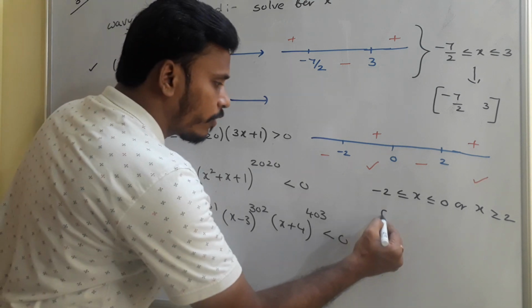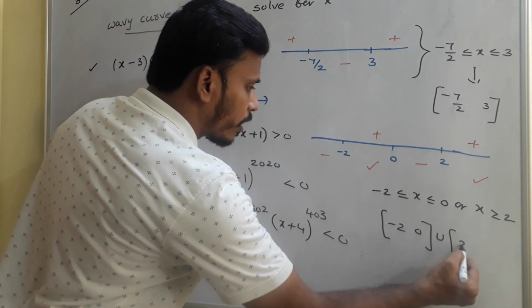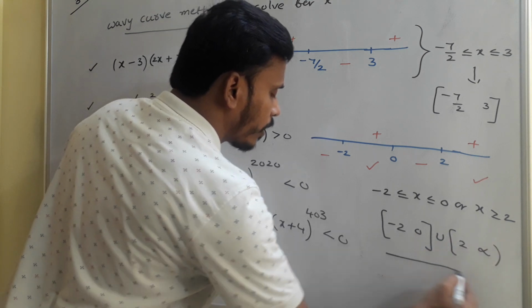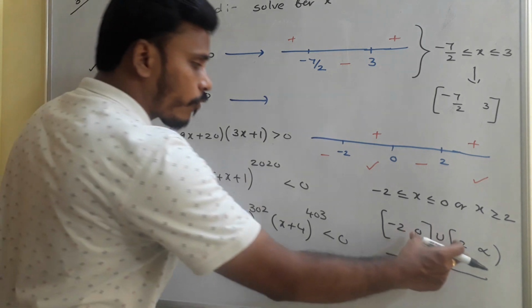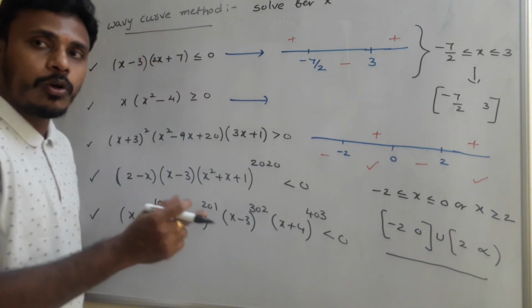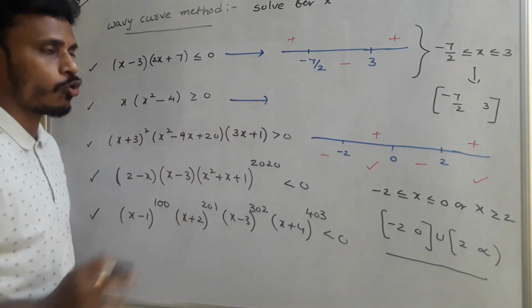In interval notation: the closed interval minus 2 to 0 union the closed interval 2 to infinity. These are the possible values of x. If you choose x from this region, all those x will make this polynomial positive. So these are the first two problems.